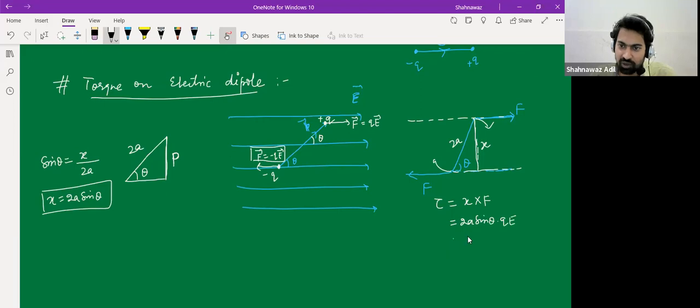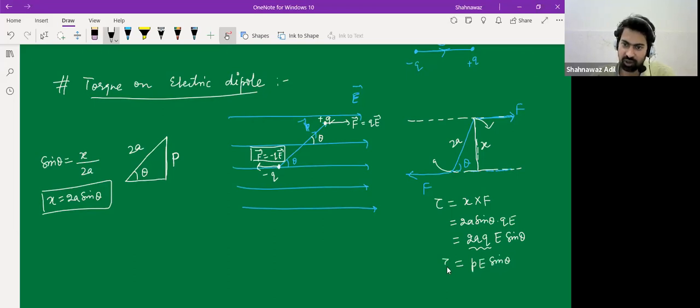So this is 2aqE sine theta. Mariam, what is 2aq? P vector. So P magnitude, right? So P E sine theta.